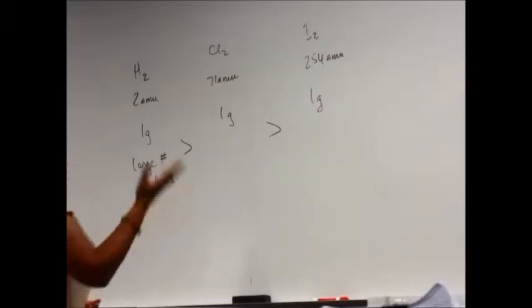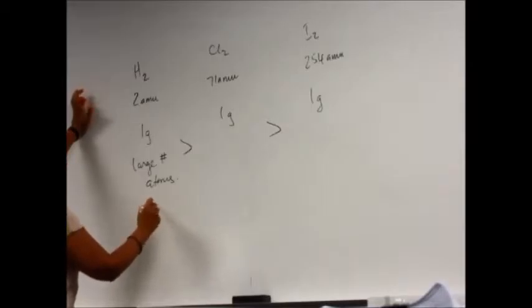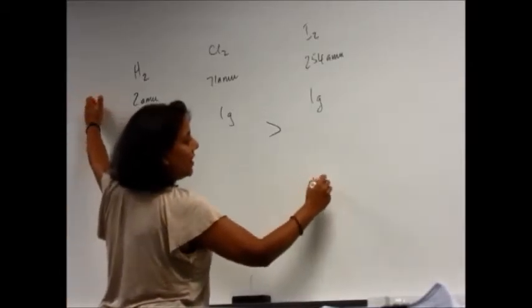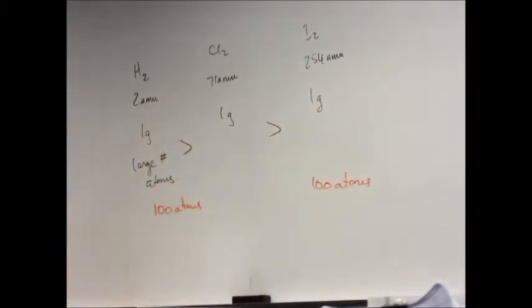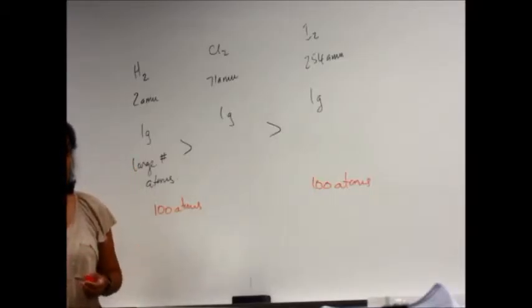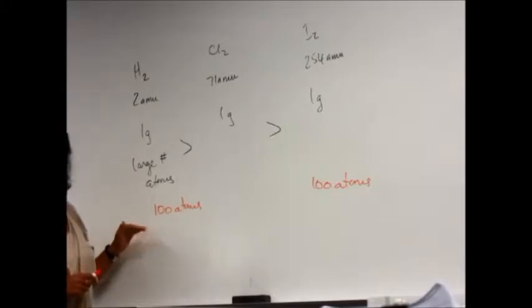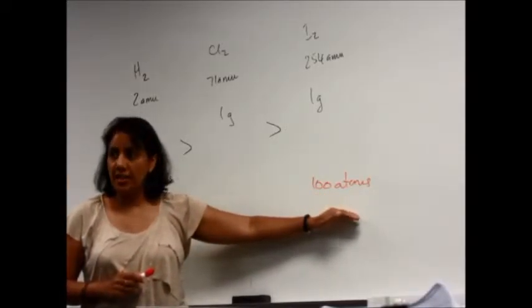Now let's take it the other way. If I had 100 atoms of hydrogen and 100 atoms of iodine, which one is heavier? Everybody together. Iodine, because the hydrogen atoms are way lighter. But now at least I have an equal number of atoms.